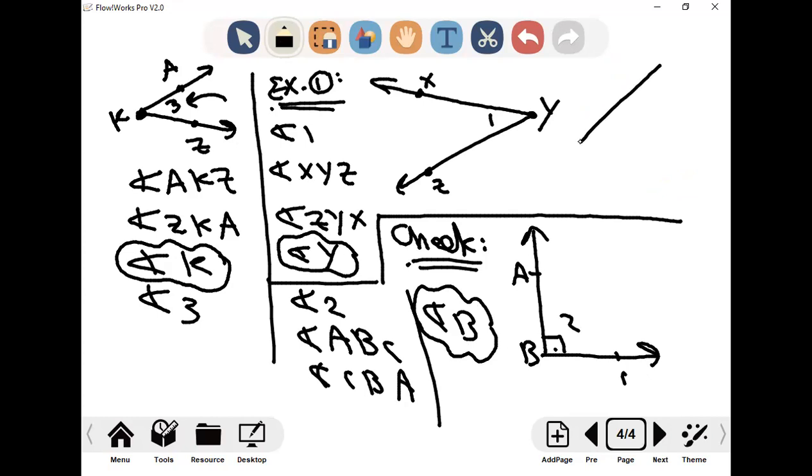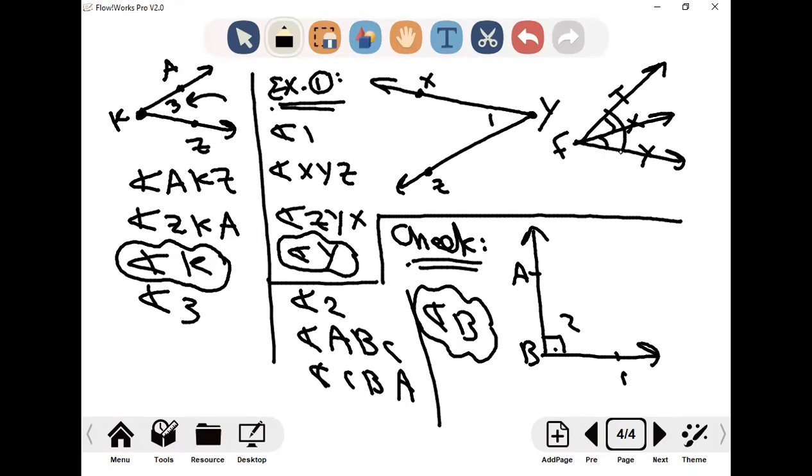If you have something like this, and here F, T, X, Y, you cannot say angle F. Why? How many angles do we have here? 3 angles: 1, 2, and 3, the whole angle.